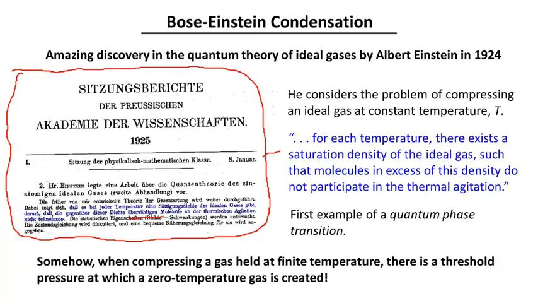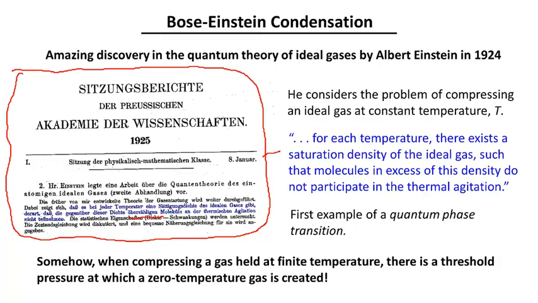And he finds that for a given temperature, there's a saturation density of the ideal gas. So in other words, as you keep compressing it, you reach a critical pressure at which suddenly a number of the molecules of the gas no longer engage in thermal motion.